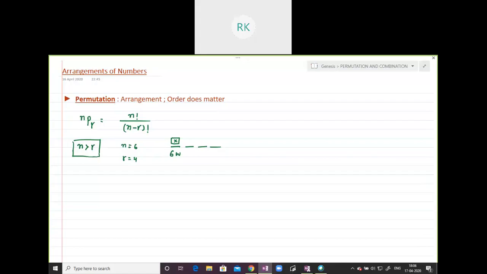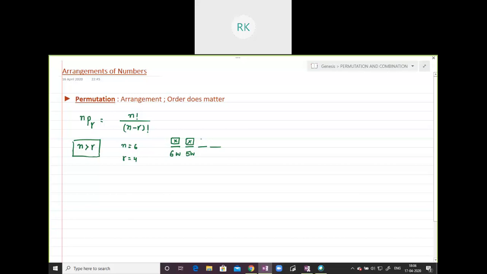Now any one person would have taken the chair, so how many persons are left? Of course, 5 members. So for the second position, how many ways are possible? Any one among five, right?